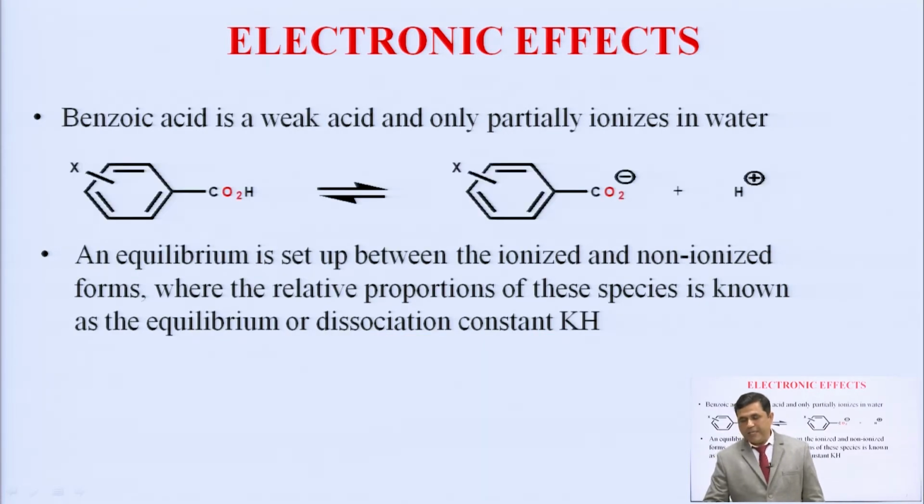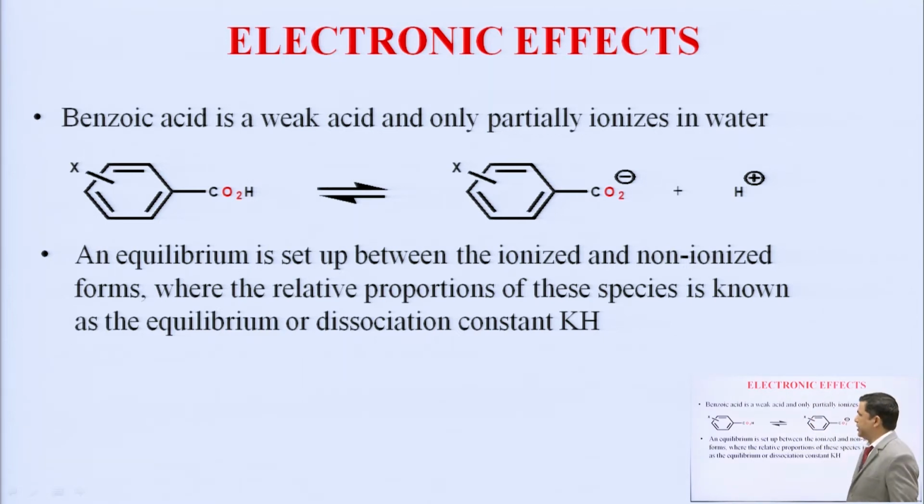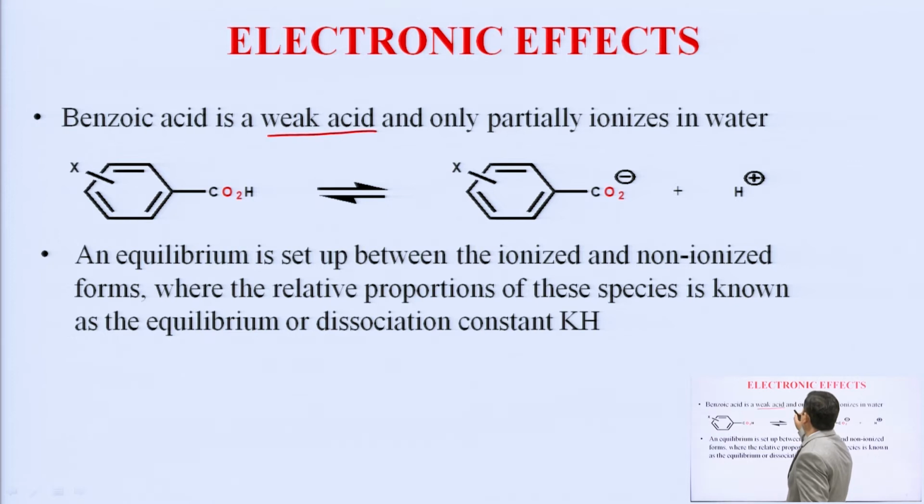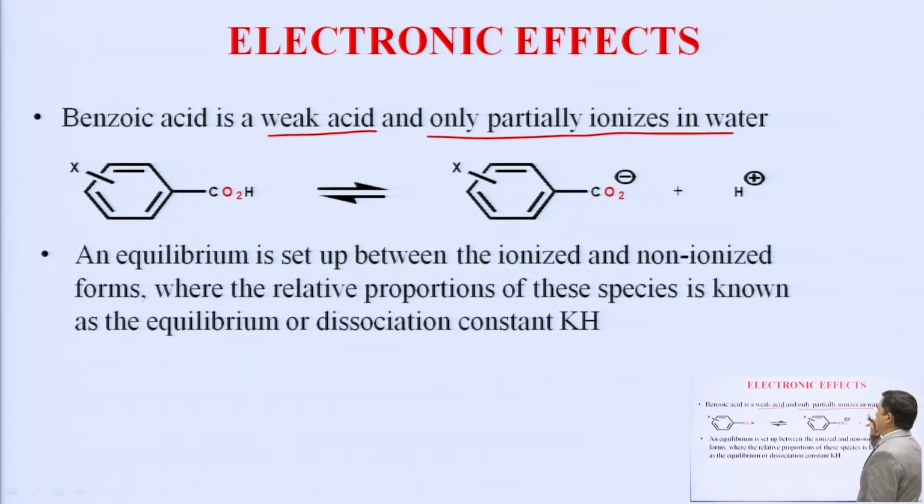Benzoic acid is a weak acid. The dissociation of benzoic acid is its partial ionization, because it is a weak acid and only partially ionizes in water, and it gives C6H5COO minus plus H plus.